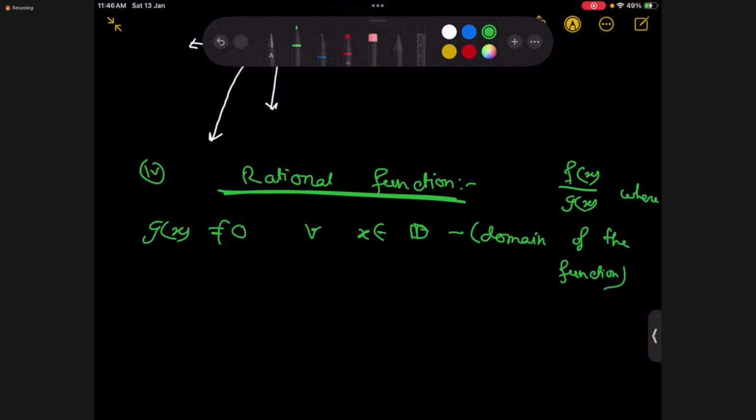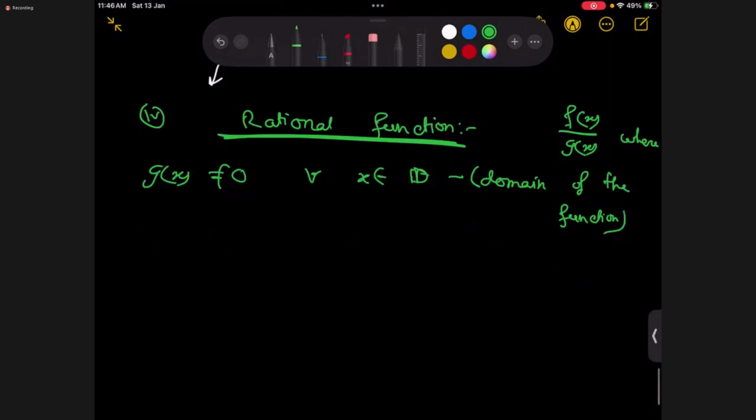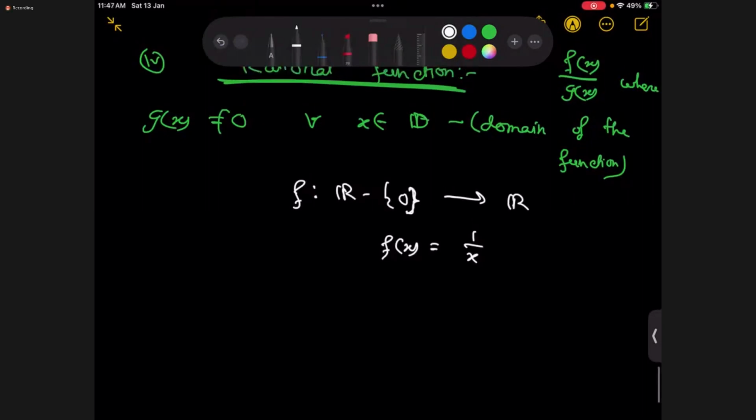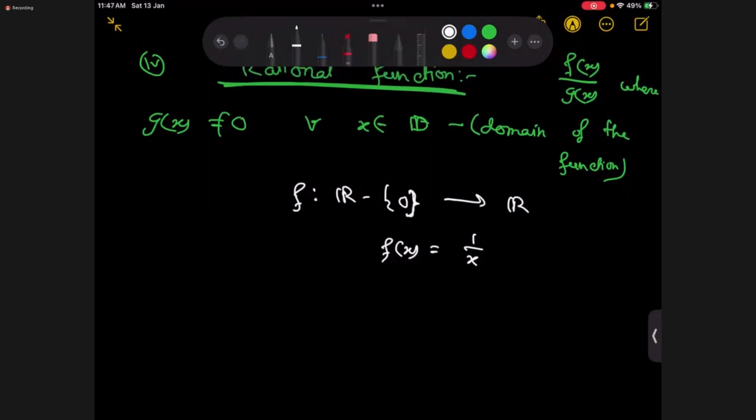So one example of a rational function. Let us define a function f from R minus 0 to R minus 0, because we don't want to include that point. So the function is f(x) equals 1 by x. You can see this 1 is one function and this x is another function.